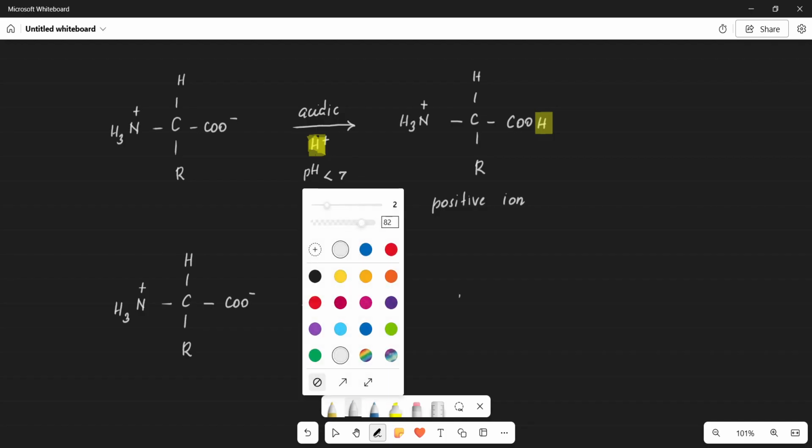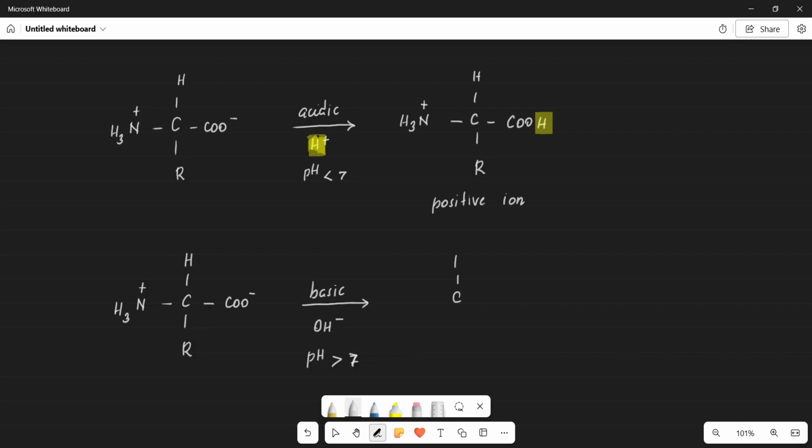So what will happen? The amino group which has an excess of hydrogen is going to give its hydrogen and it becomes NH2. Then you are going to get water formed.